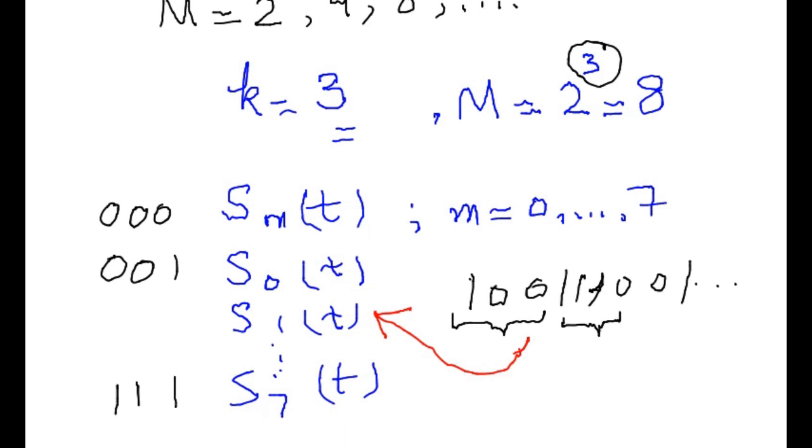For example, if you have the 3 bits 111, it would assign s_7(t) for transmission. This way your transmission can be carried out using these symbols.